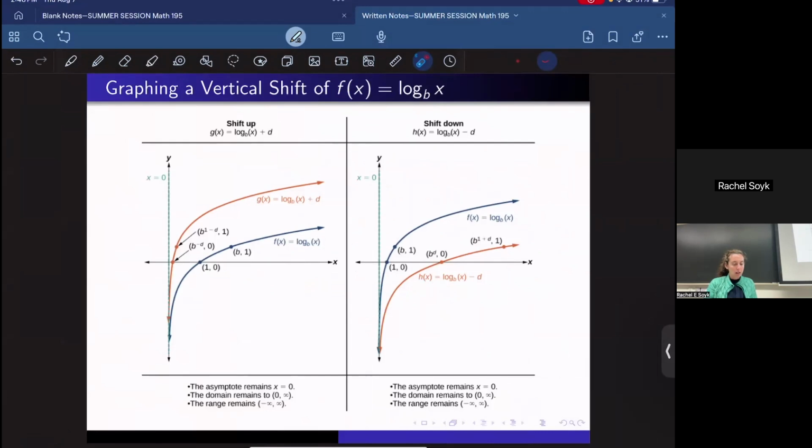Right. And then this is just a slide really jumping into vertical shifts. And so vertical shifts just move your graph up and down, but it's not going to affect your domain and range. Horizontal shifts do.